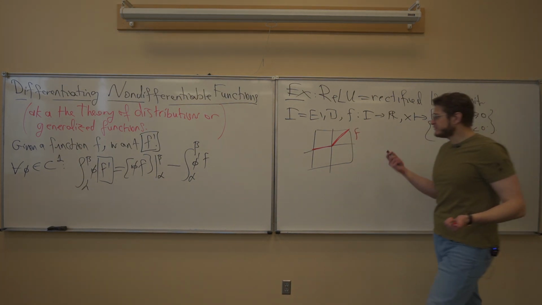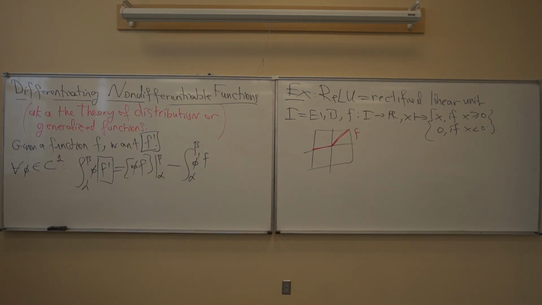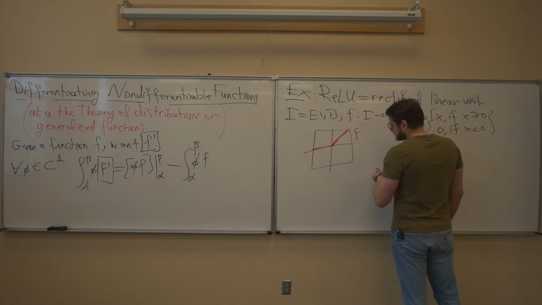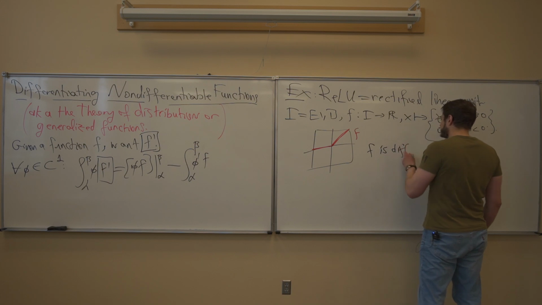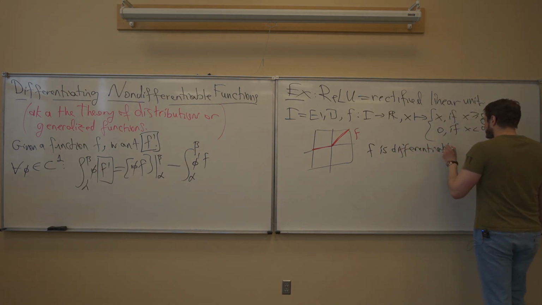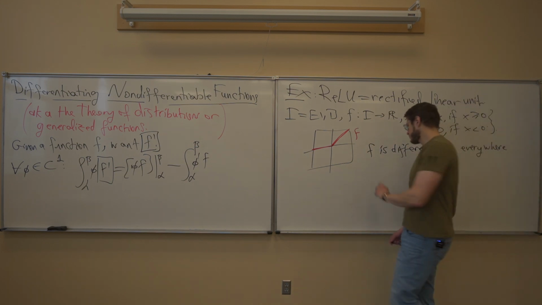Okay. Certainly, this function is not differentiable. It's not differentiable in particular at 0, and that's the only point at which it is not differentiable. f is differentiable everywhere except at 0.